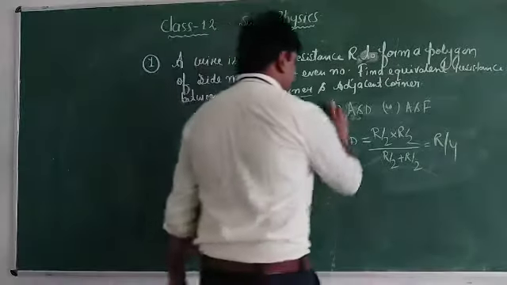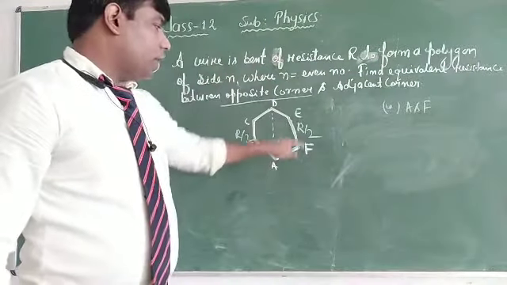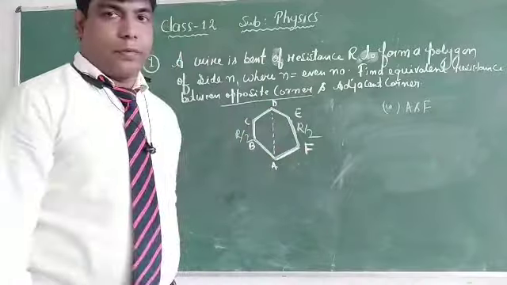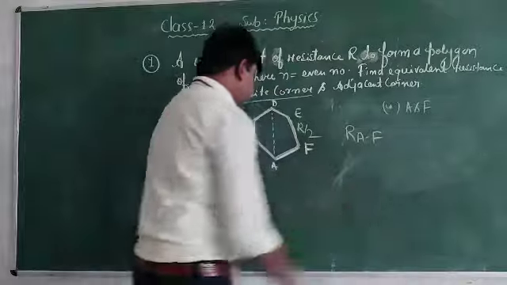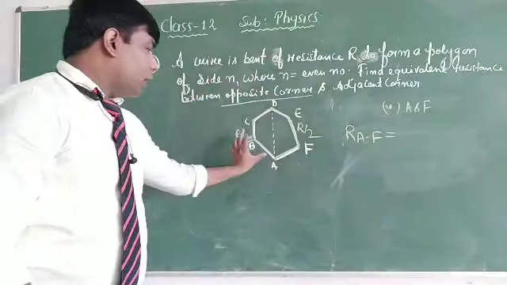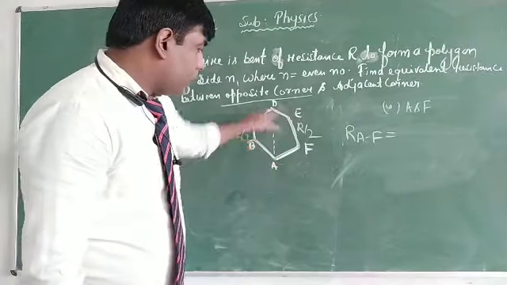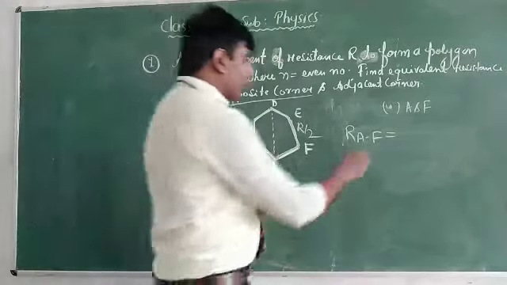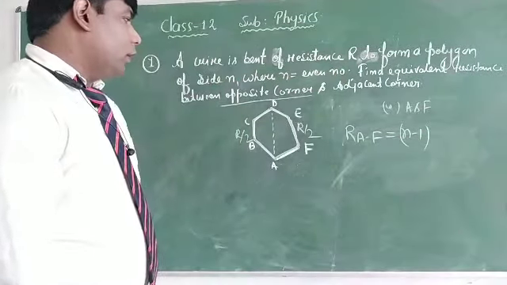Next, now see, we have to start from A and we have to reach F. Then there are also two parallel paths. One is A, B, C, D, E, F, and another is AF. That is, resistance from A to F. Here, how many sides were there? N number of sides. When you reach from A to F, then one side is subtracted, right? That is, the number of sides is n minus 1, right?